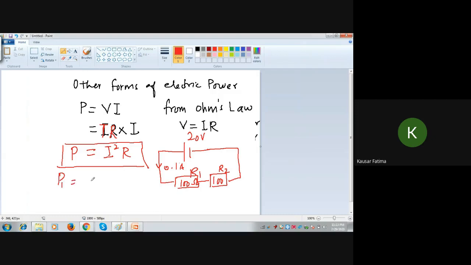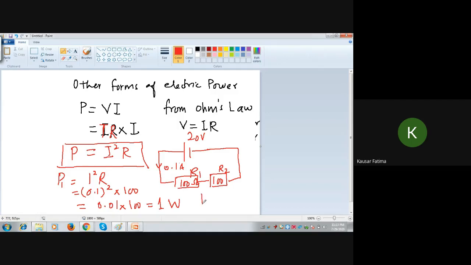P1 is equal to I square into R. This formula you will use, 0.1 square into 100. Okay, so 0.1 square is 0.01 into 100, means 1 watt. Same power will be drawn by R2 because this is also the same resistance.